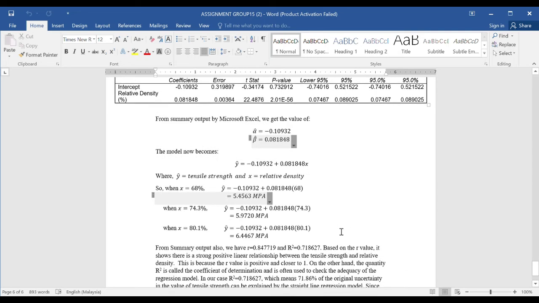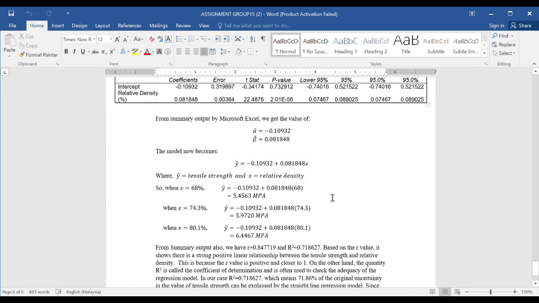So, to find the tensile strength at the relative density of 74.3% and 80.1%, we just substitute this value of x respectively into the equation.